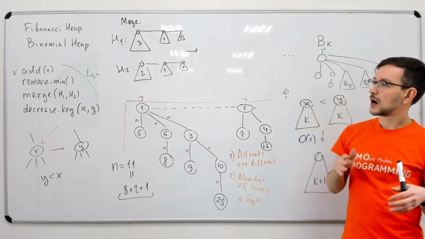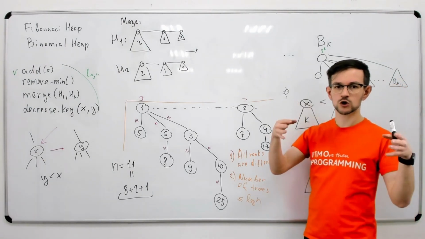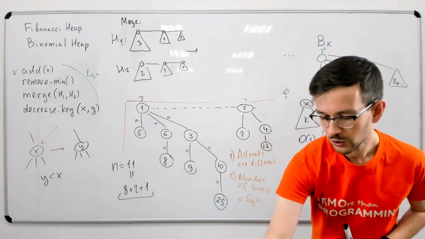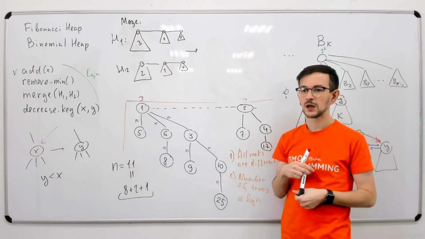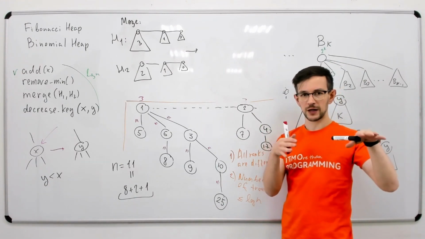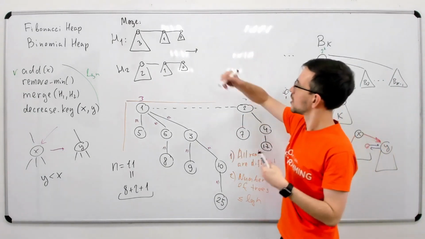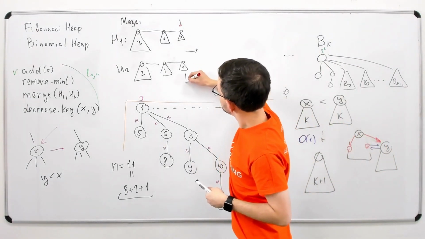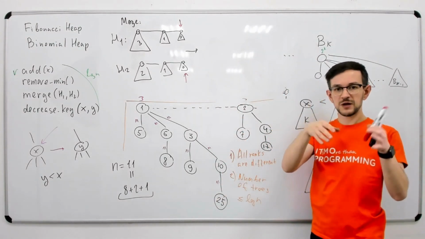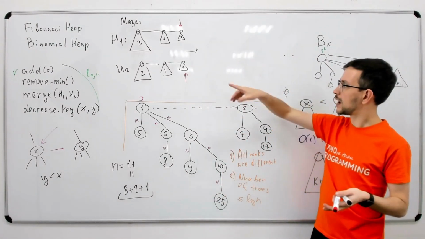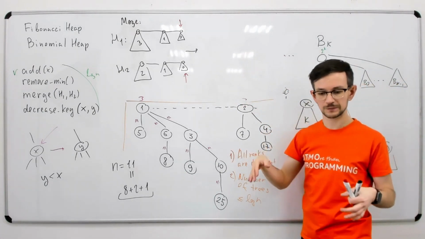We do it pretty much the same as we did when we merged two sorted arrays. Each time you take two minimal elements, so we take two trees of minimal size. You take this tree and this tree, take the minimal of these trees and put it in the resulting binomial heap.